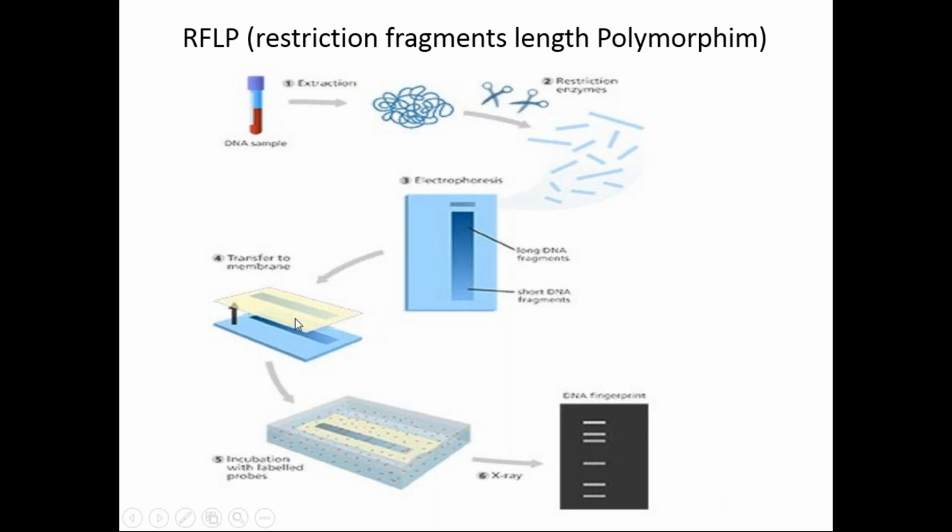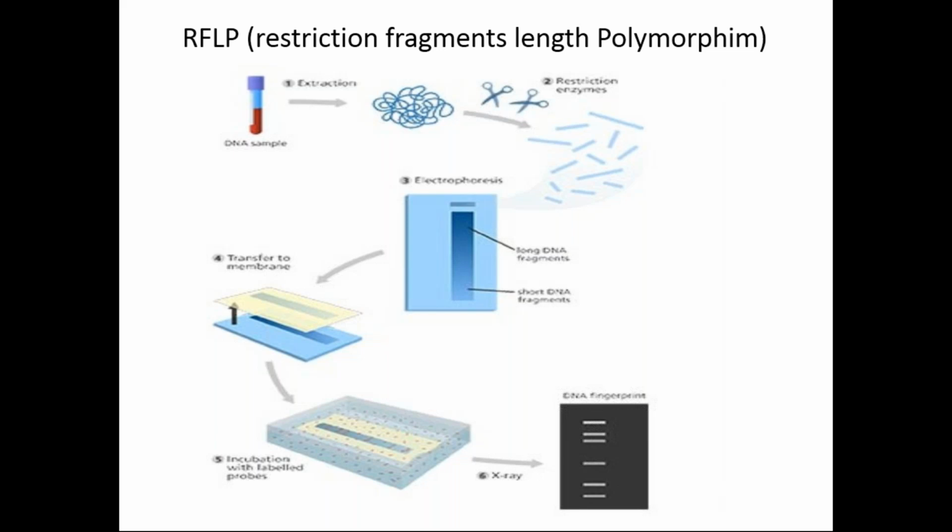After that, the nitrocellulose membrane is placed into the probe solution. I already explained that very few nucleotide sequences of human beings show variation from individual to individual, and such varying sequences, or conjunct sequences, have already been characterized by various scientists, so we can use that information to design the probe.